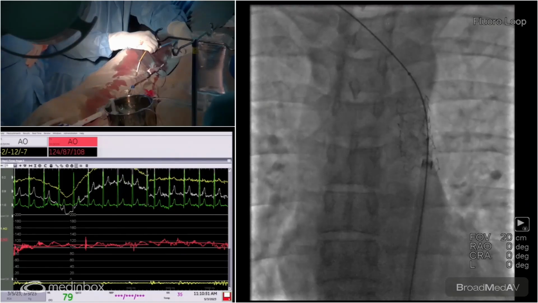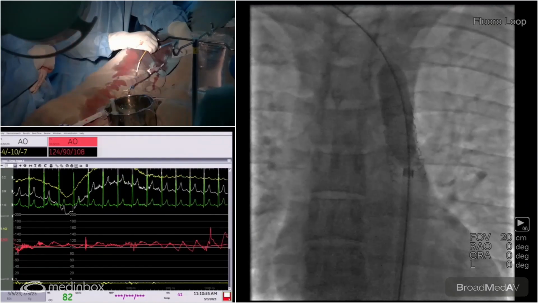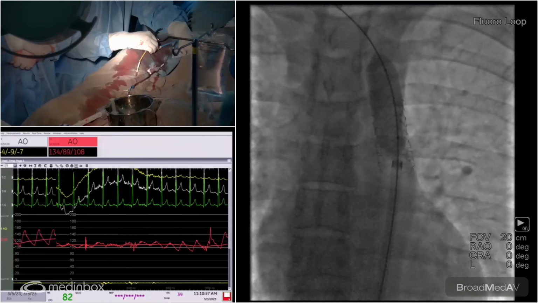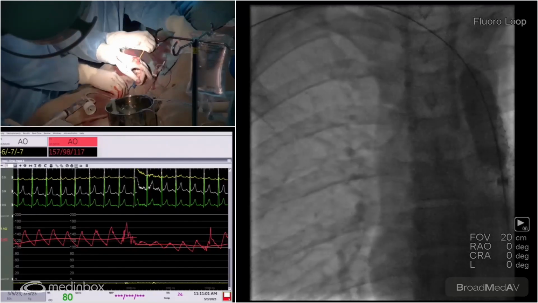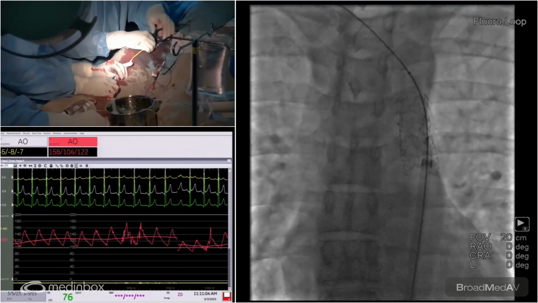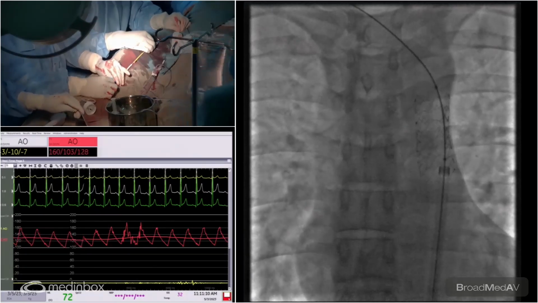Okay. So the upper end, we have flared it out. Let's do a pigtail angiogram now. So Pramod, I am going to withdraw the balloon down.